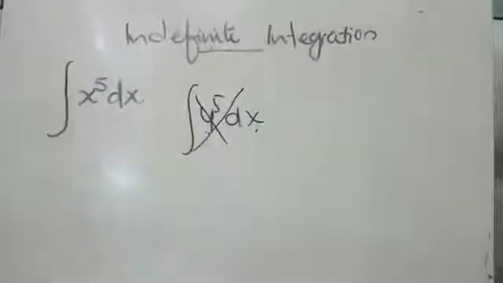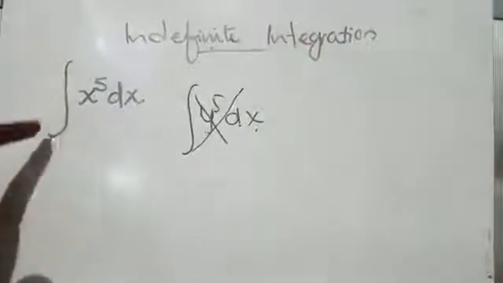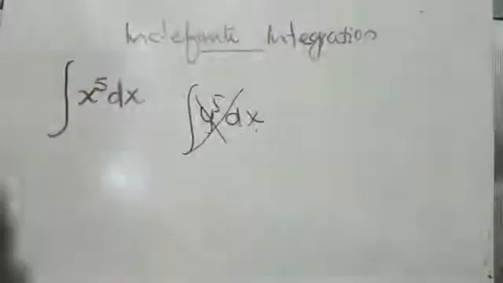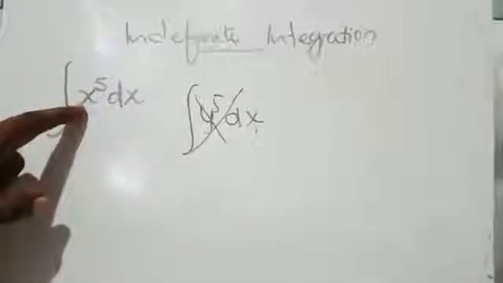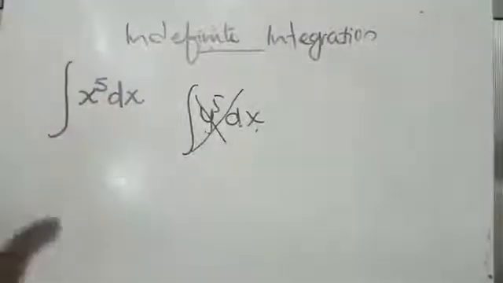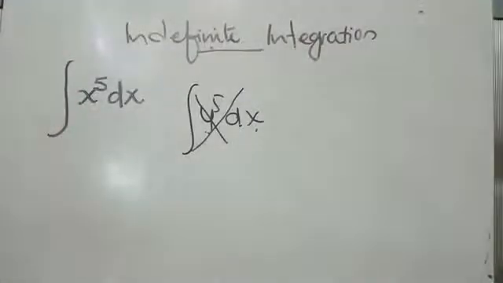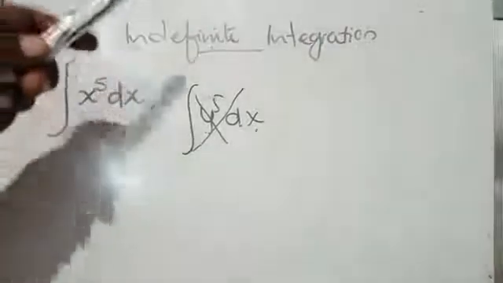So integral x raised to 5 dx is called an indefinite integral because it has infinite solutions. We can find infinite solutions for this question. That's why it is known as indefinite integration.